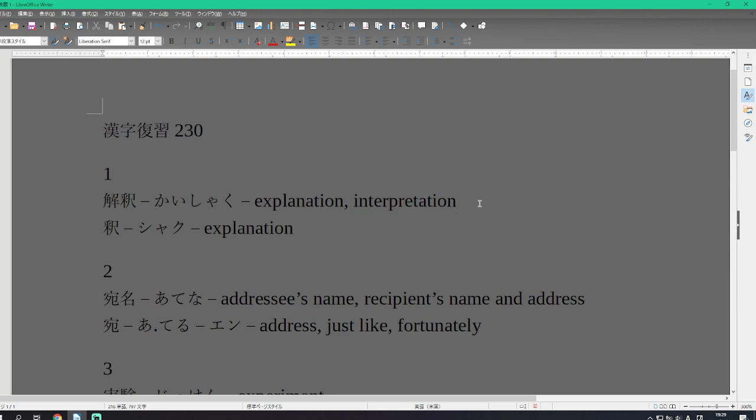Shaku is our new kanji. Shaku. To divide out by feet.